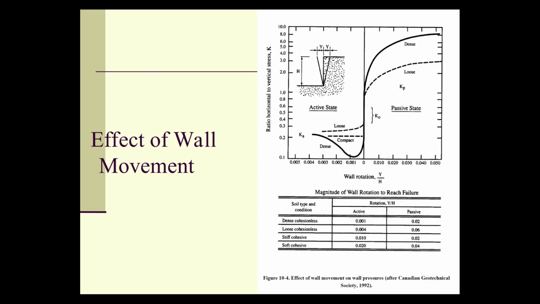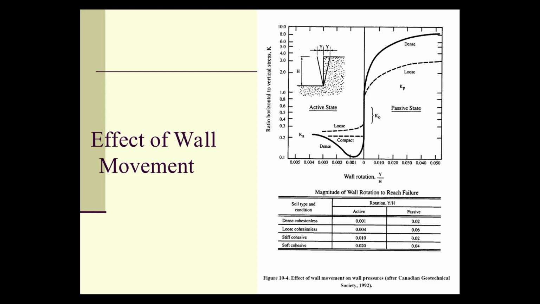But what you see in this chart is actually a continuum. You start at a 0 point, you get movement away from the wall, and the active coefficient varies until it reaches some kind of equilibrium, or failure actually, where it's not going to change anymore.